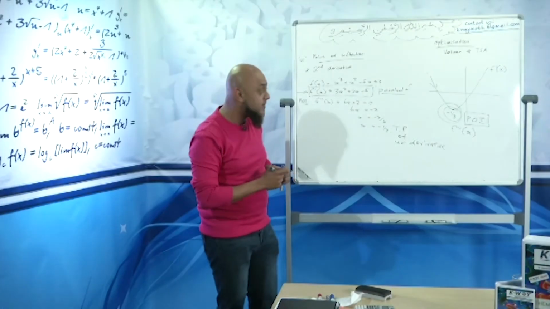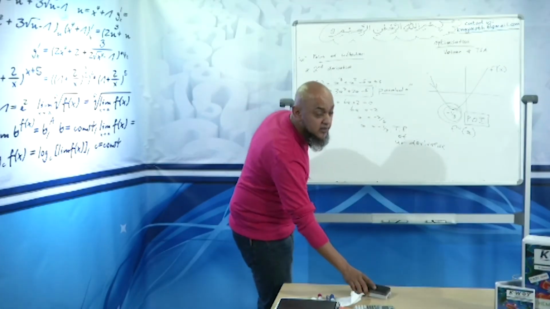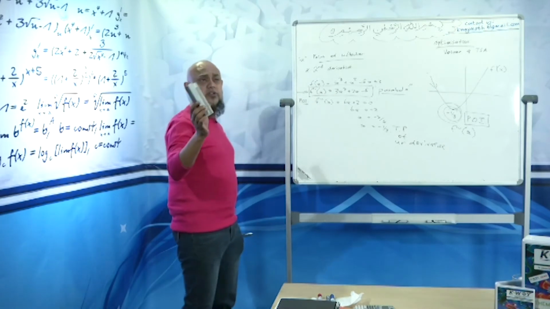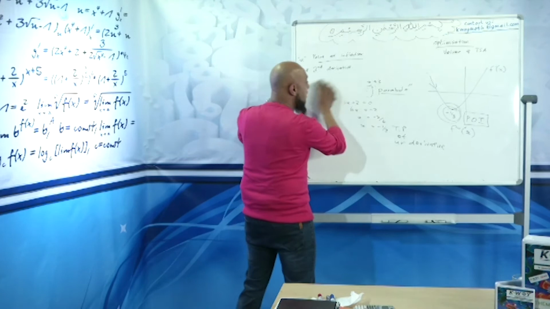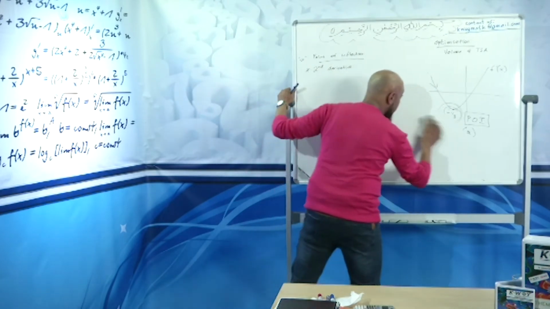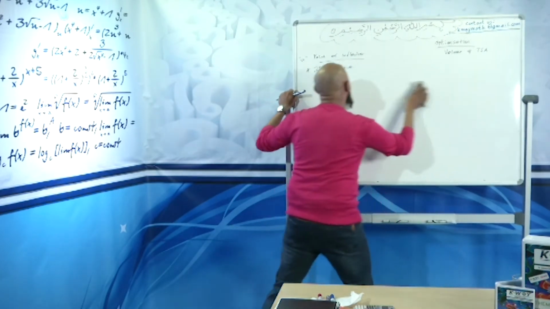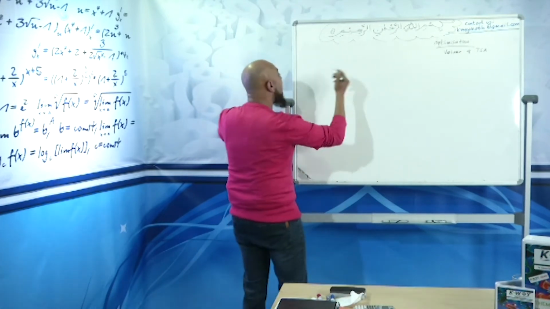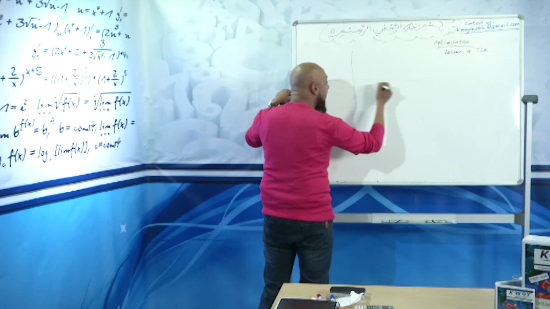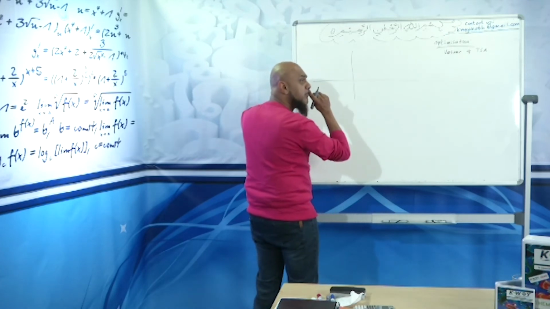Now, a question appeared in the final exam about two years ago, and it knocked most of the grade 12s out. They gave you the derivative as a graph. I think this was November 2011 or November 2012.